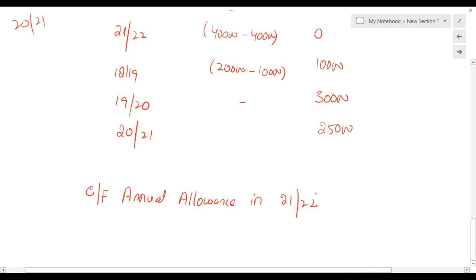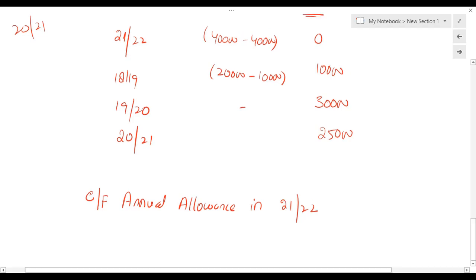You got to understand one thing. Carry forward of 21-22 is going to be brought forward of 22-23. And the rule says unused annual allowance can only be carried forward for 3 tax years, and it will be used on FIFO basis.